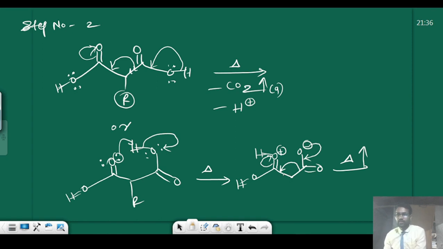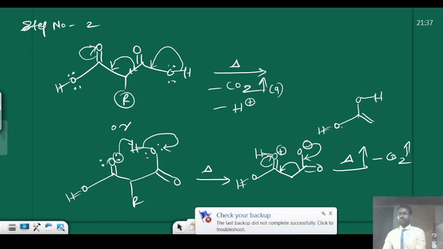Because the valence of carbon is 4, we need to break this old pi bond, then only the reaction is valid in organic chemistry. So carbon dioxide will leave the reaction, and there is formation of C double bond O, OH and OH.